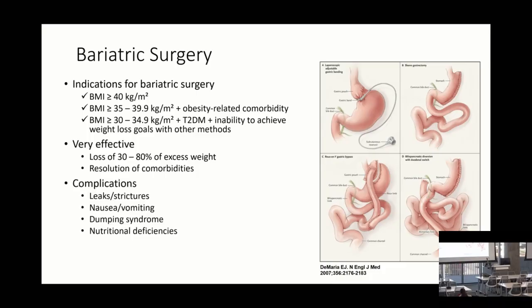And some complications, which again you don't need to know, this is more for informational purposes. But these are the procedures on the right. You can see different things. And the point of this is to recognize that when you're talking about obesity and regulation of the weight, most of these procedures try to limit the size of the stomach.